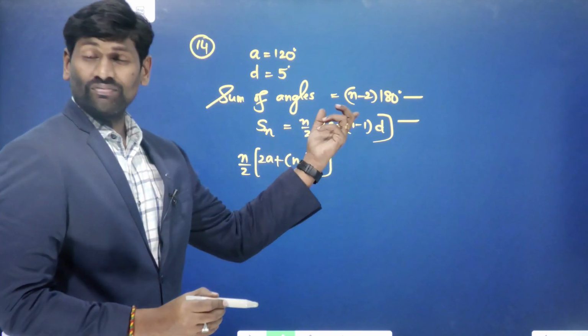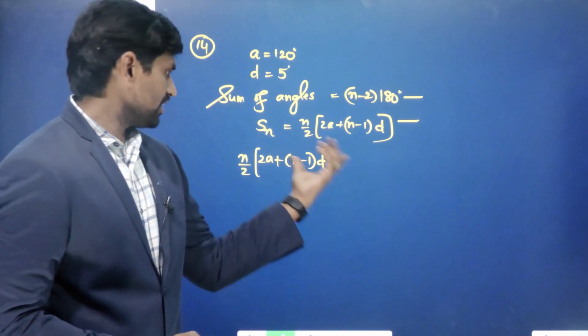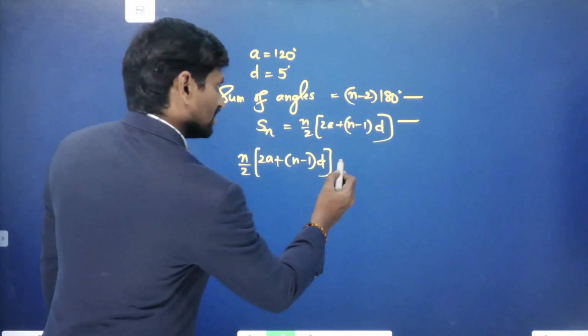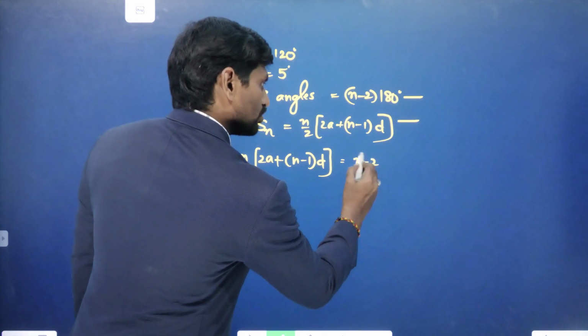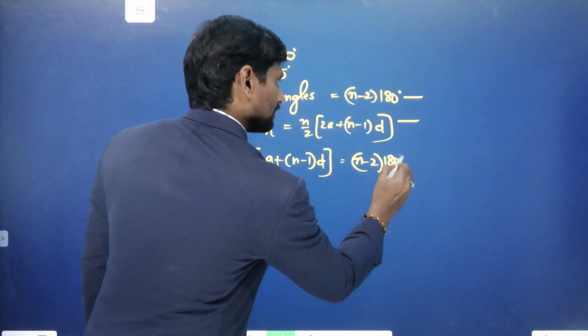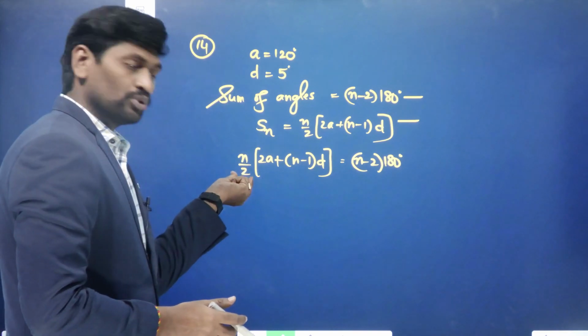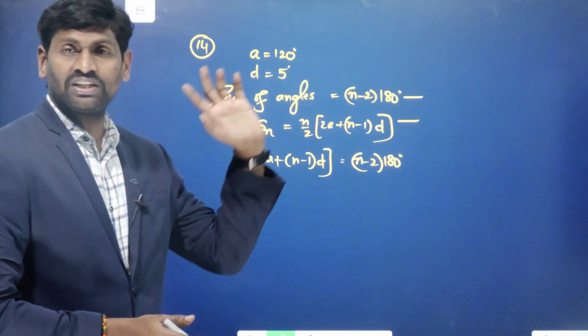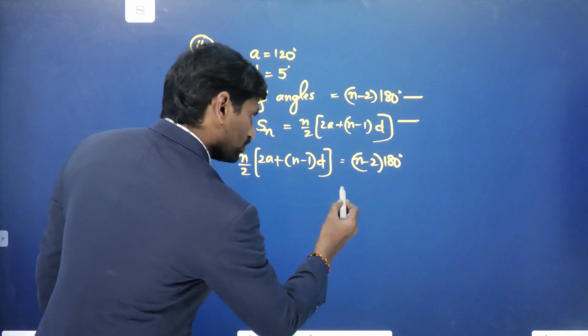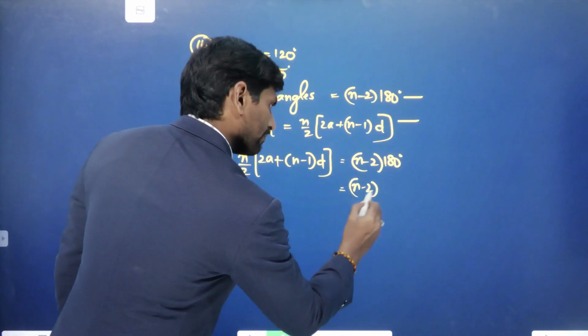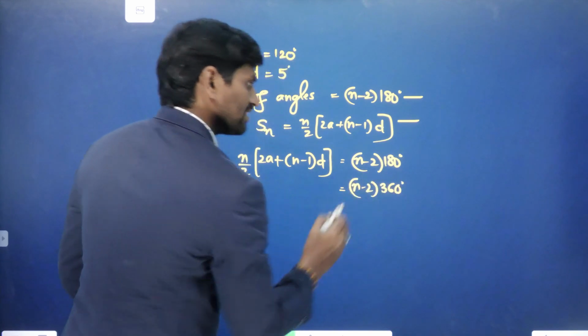I am just equating these two because both are equal. Here n means number of sides, and here also n means number of sides. That is equal to n minus 2 into 180 degrees. Now this 2 divided by 2, I am transposing, it is going to multiply 180 into 2, 360. So it will be n minus 2 into 360 degrees.